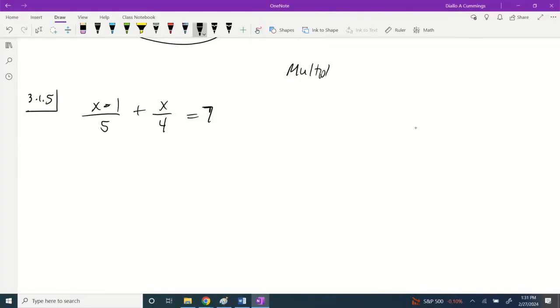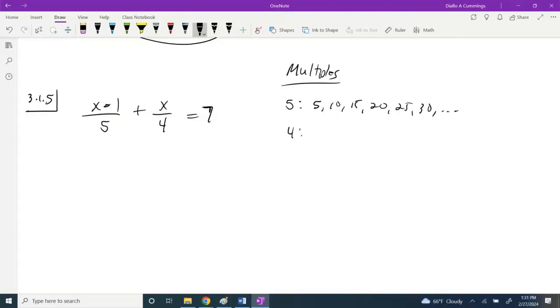So here are the multiples. My first denominator is 5. So the multiples would be 5 times 1, which is 5, 5 times 2, which is 10, 5 times 3, which is 15, and so on and so forth. So the multiples of 5 are 5, 10, 15, 20, 25, and 30, and that'll keep on going.